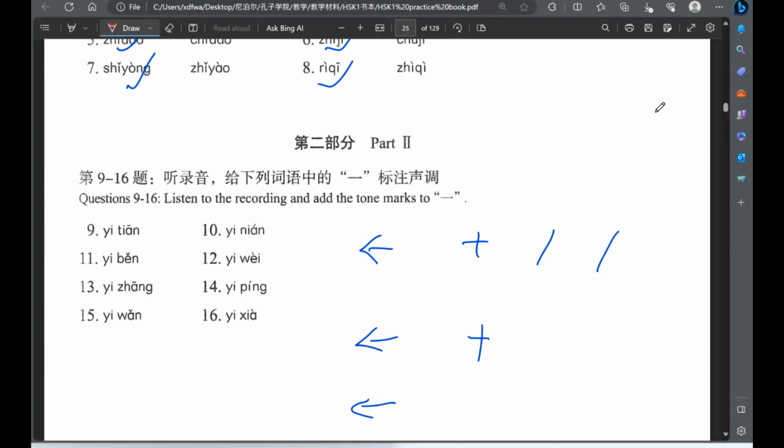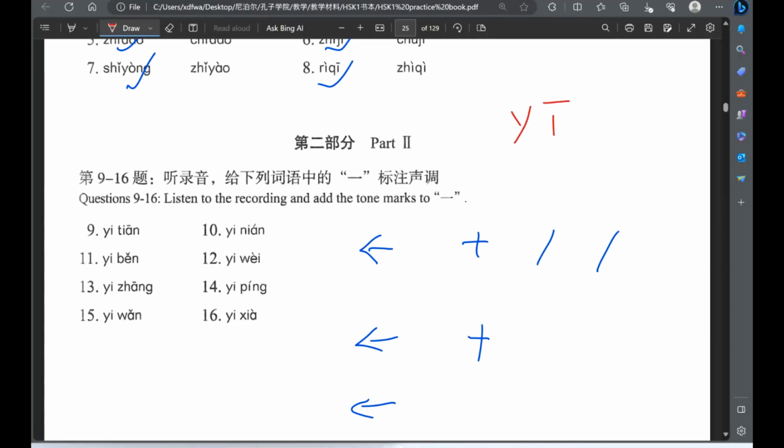Part 2 is the exam of E's tone Sandhi. And actually, we need to remember the tone Sandhi of E. This part, we need to write it out without listening to this recording. So this recording is helping you to do this test. First, let's review the tone Sandhi we learned last class. The original sound of E is E in first tone.